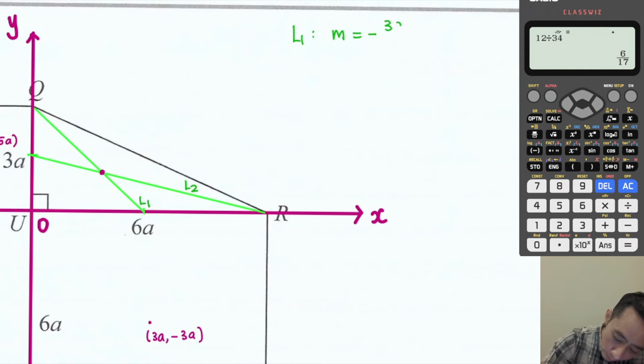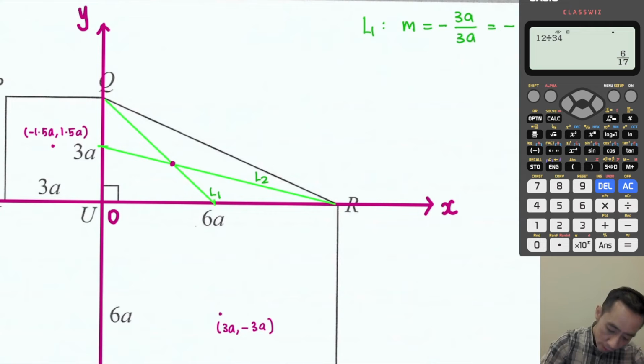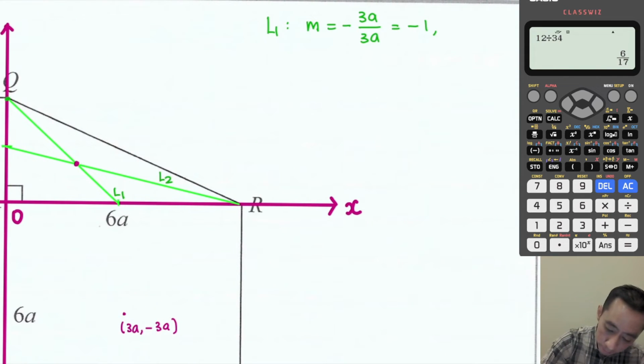The rise is 3a and the run is also 3a, so the gradient is negative 1. The y-intercept is 3a. So the equation for line 1 will be y equals mx plus c, so y equals negative x plus 3a.